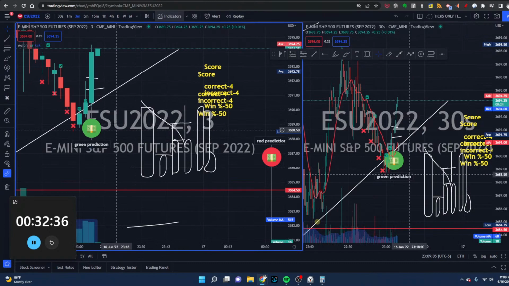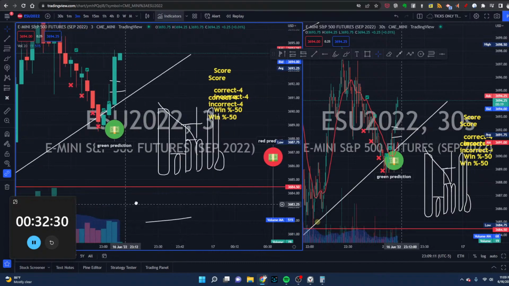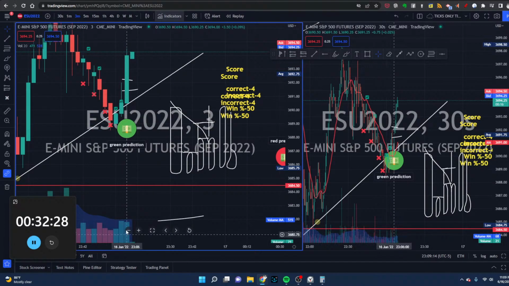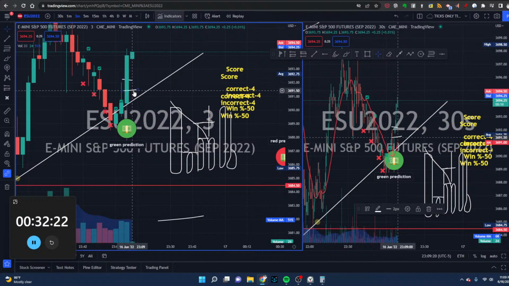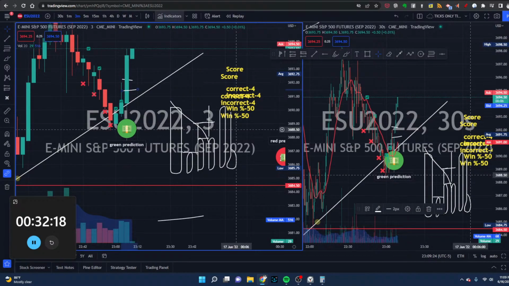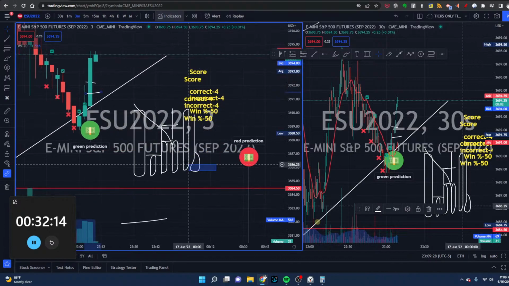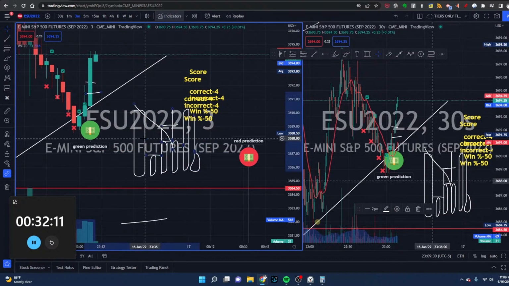Alright, so we did win this one also. Small wick at the top. There are sellers up there. Look at that spread on this volume though. Less volume than the candle before, more of a spread. There was hardly any bullish participation in here. I'm expecting this next candle to be red. I'm going to do a red prediction, simply because the bulls did not participate in that last candle.